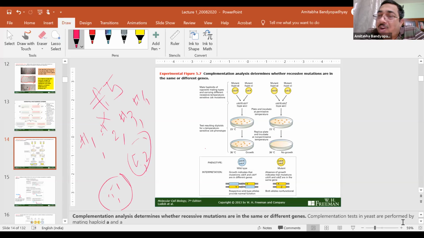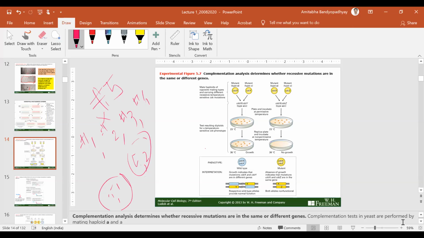The mutation screen was done on haploid, right? Sir, mutant 5 is the mutation in an essential gene. No, it is not essential. If it were essential, then at 23 degrees it would not grow. Sir, can I try?